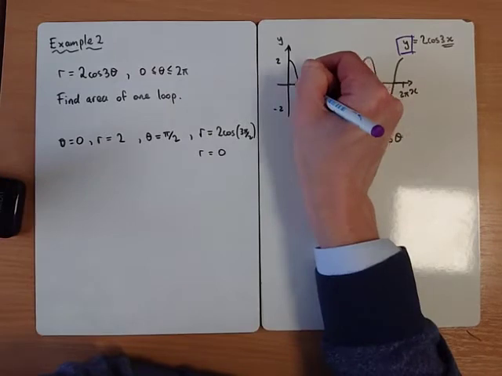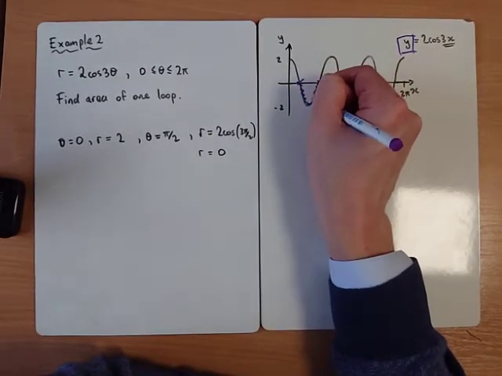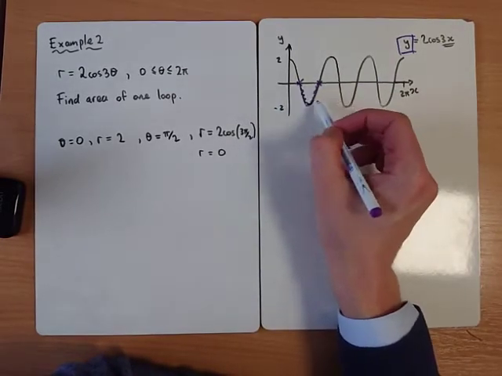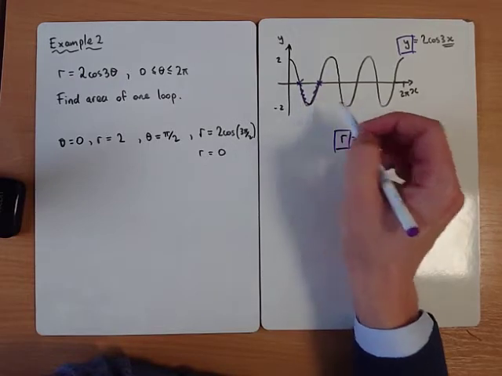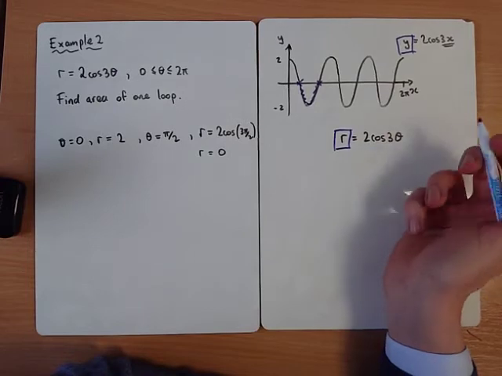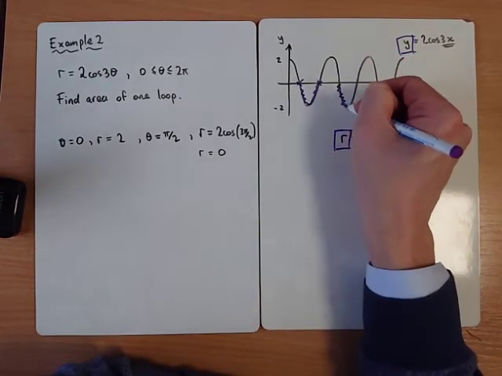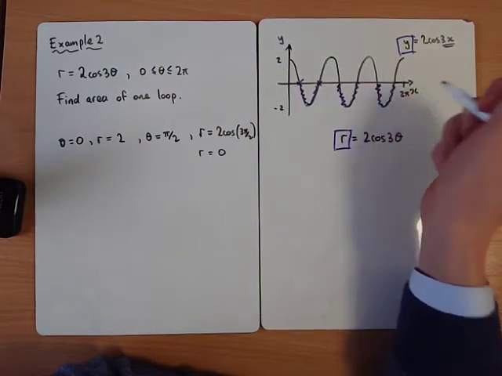And where we've got to be really careful is, when y is negative, in other words, if I sub in a number somewhere in here and I get a negative answer out, we don't want a negative r value because r represents a distance. So essentially the curve doesn't exist for any of these values here.